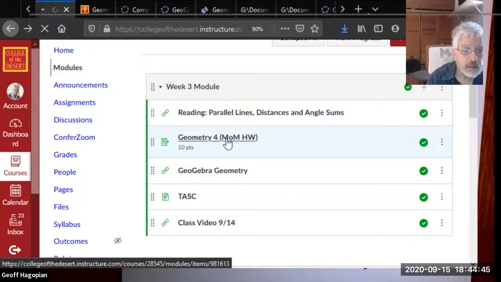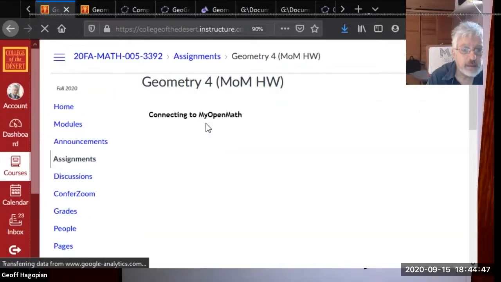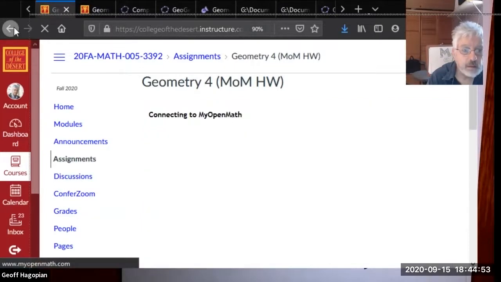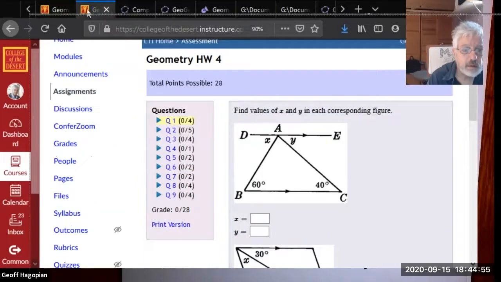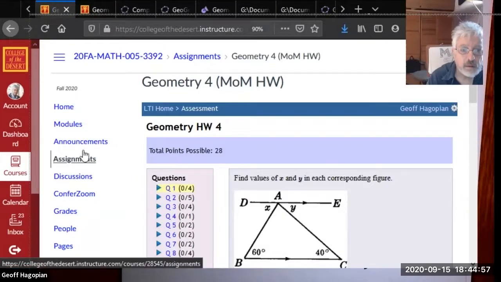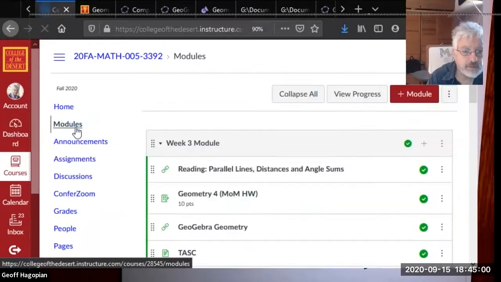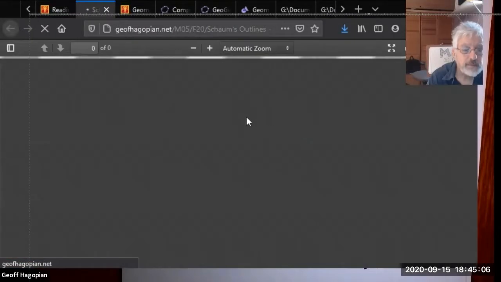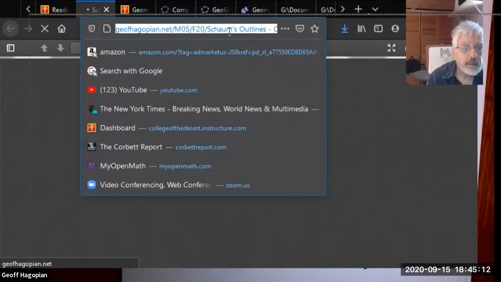And if we click on that, we get, oh, sorry, wrong thing. Okay, I want to go to modules. This is supposed to be the reading. Okay, yeah, it is. Okay. And we just want to open this up and change the 4 to a 5.